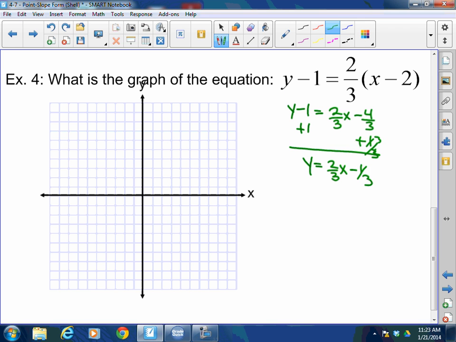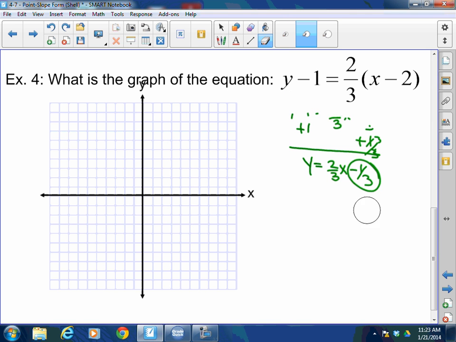So you could do that, but what's the problem with graphing this? No, it does not matter the work. The work is not the problem. What's the problem with graphing this? Thank you. It's going to be extremely difficult to graph a negative 1/3. So you could turn it into slope-intercept form, but it's not going to help you in this case.